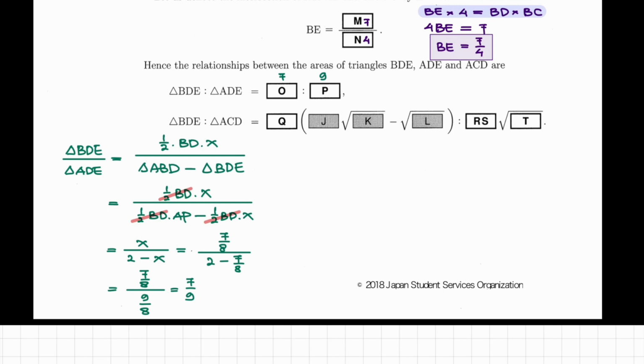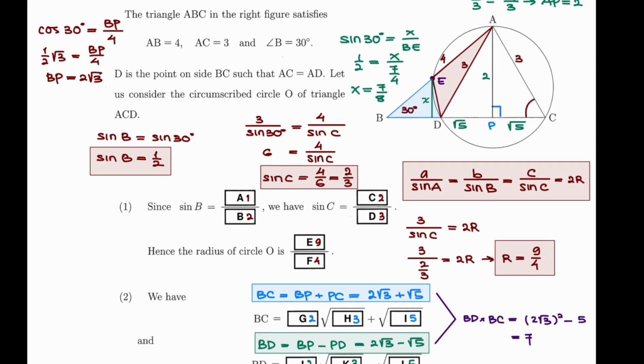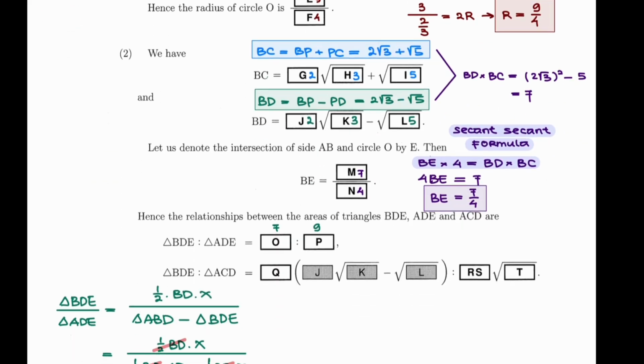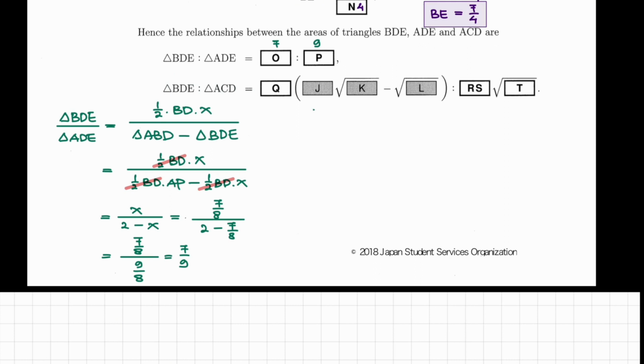For my last question, we need to know the ratio of triangle BDE over ACD. BDE is this small triangle over the triangle ACD, basically the white triangle here. The ratio of triangle BDE over area of triangle ACD: to find the area of triangle BDE, I can use the same formula as earlier.